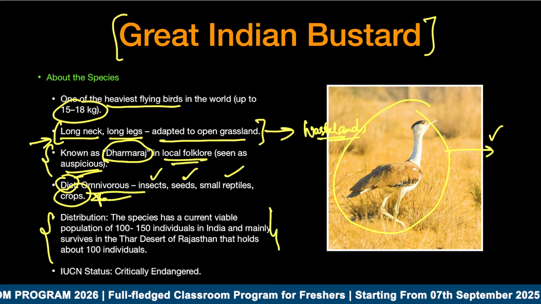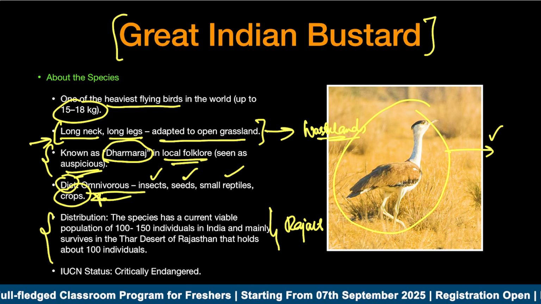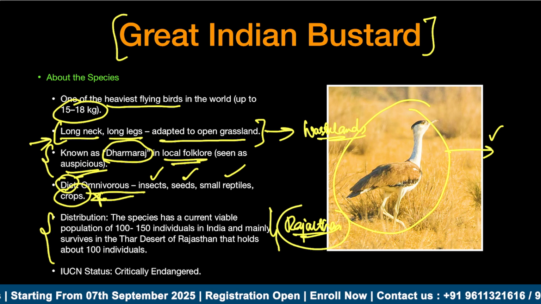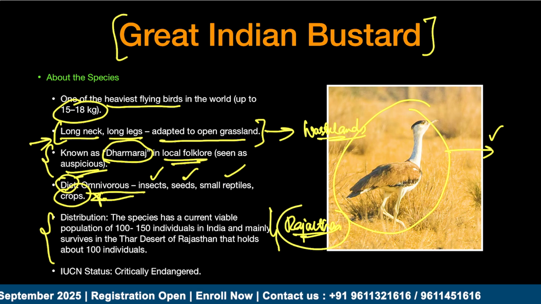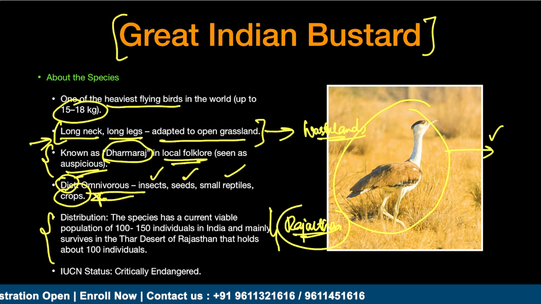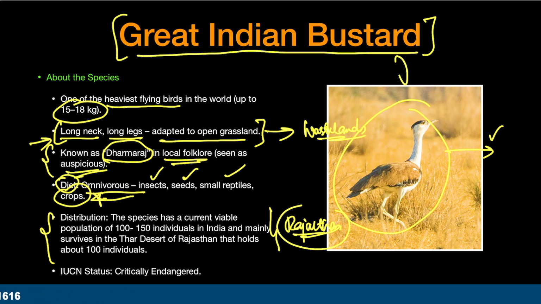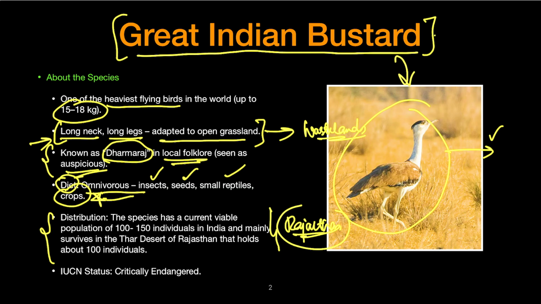Now, talking about the distribution, it is mostly found in the desert region of Rajasthan, but that does not mean it is only localized to Rajasthan, because Great Indian Bustard is not the only species that we are talking about. Under this, there are many other related species, sparsely distributed across the entire country.